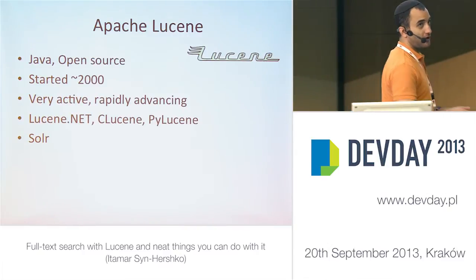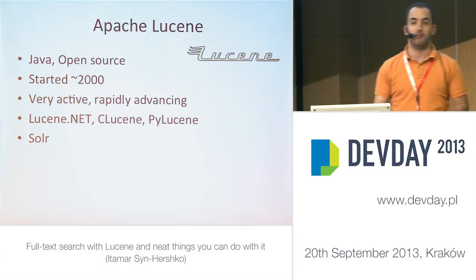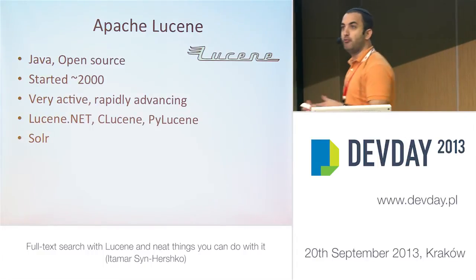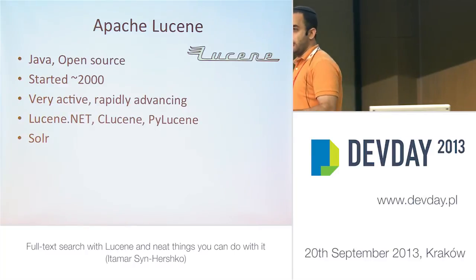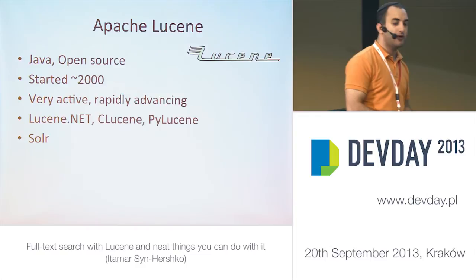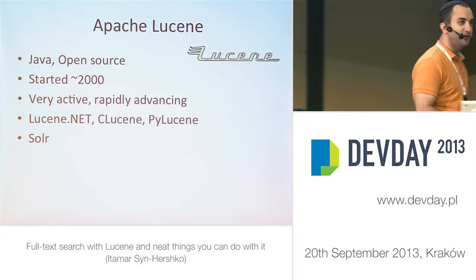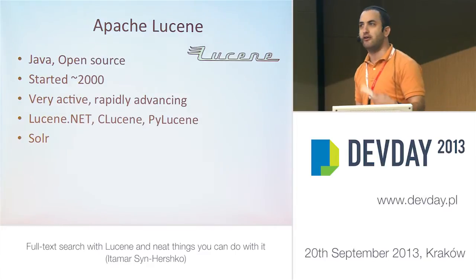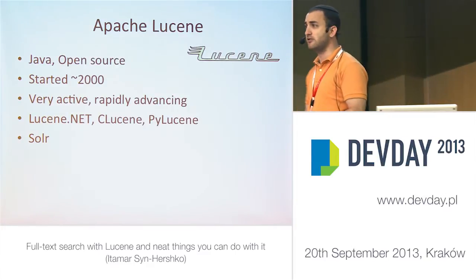It's written in Java. It's completely open source using the Apache license, obviously. And there are ports to other languages, Lucene.NET and CLucene to C++, which I'm somewhat involved with. You have ones for Python, you have bindings to other languages as well.